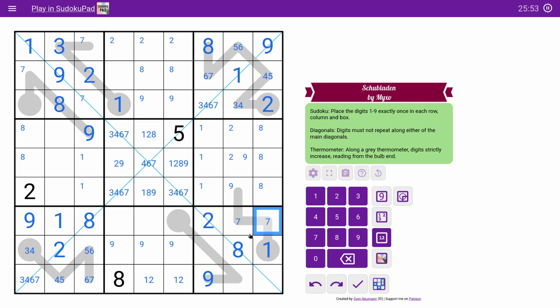Let's double check. 7, 8, 9 is obviously invalid, so one of these is 7. The temptation to add 7 pencil marks is of course quite high, but we have a few of those already, so maybe we can give them a break. We have a few too many pencil marks already.